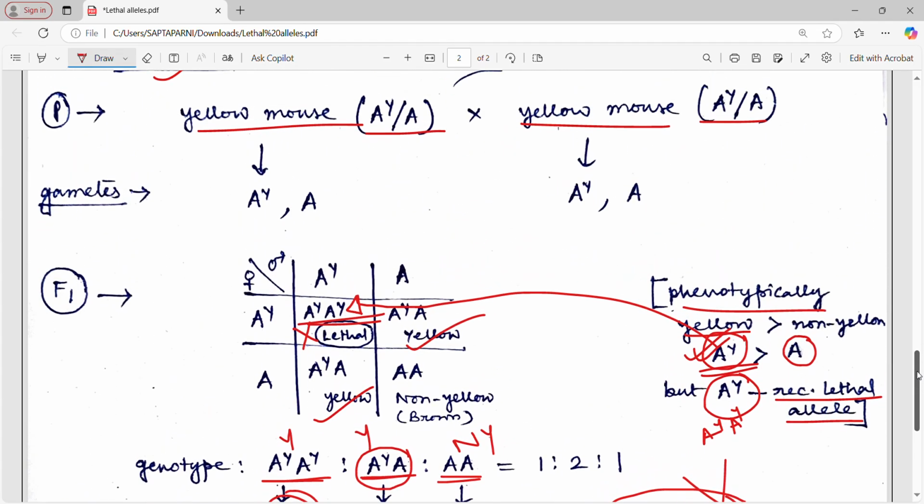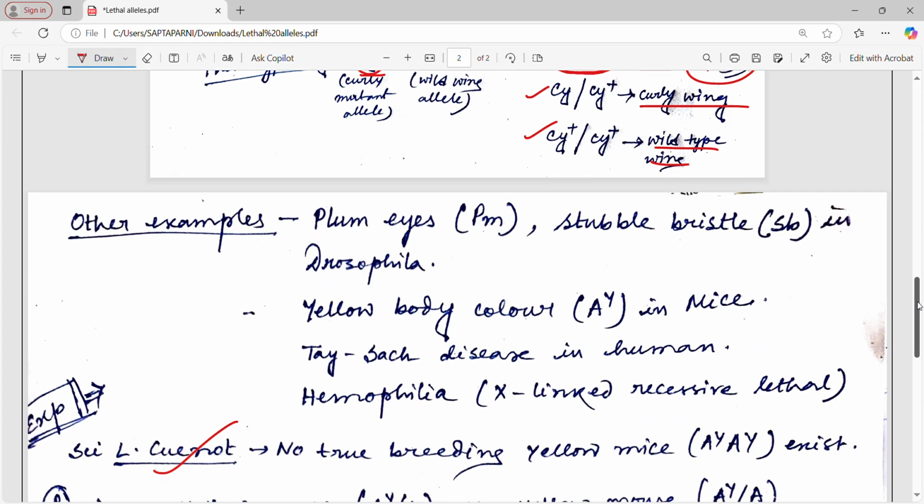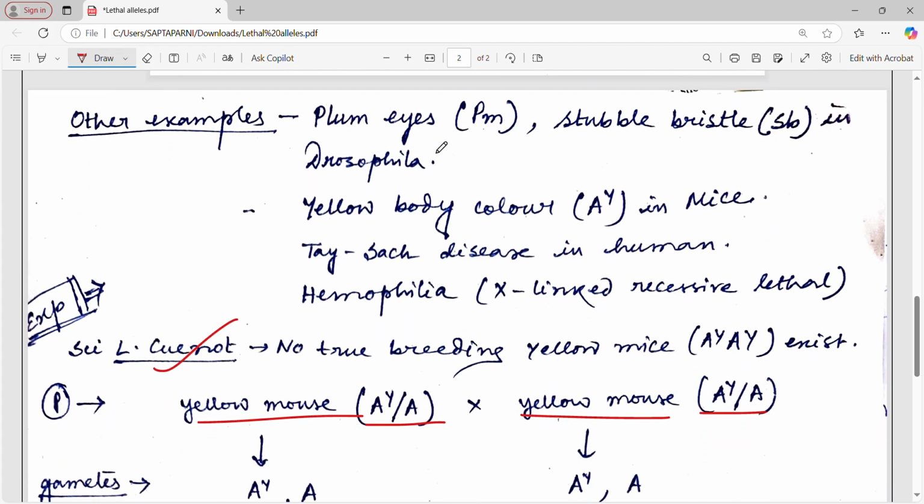Some other examples of recessive lethal alleles are plum eyes in Drosophila and stubble bristle alleles in Drosophila. I have already discussed the yellow body color allele in mice.